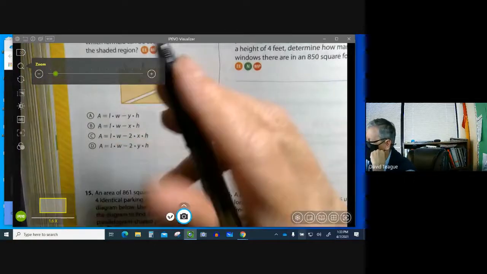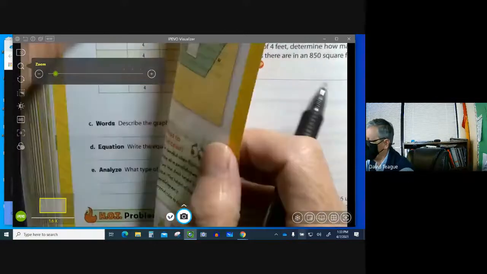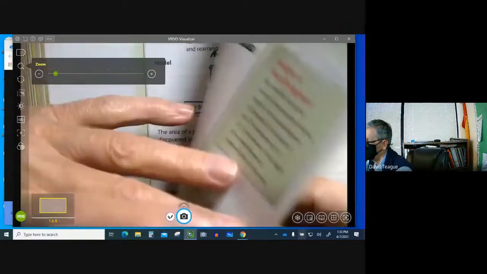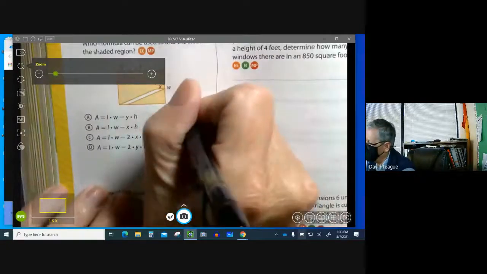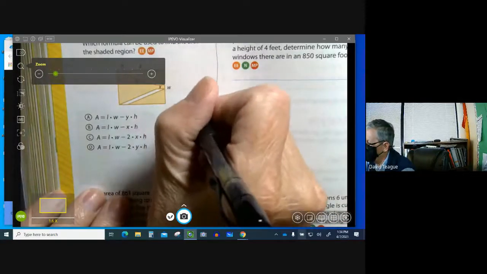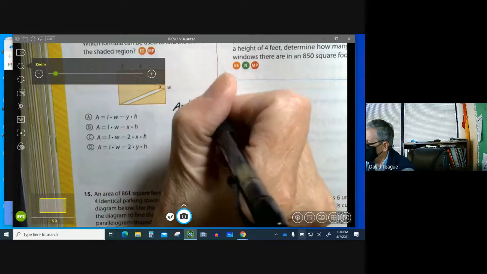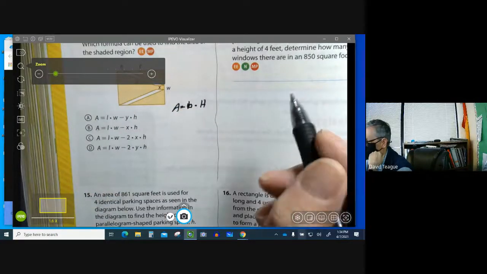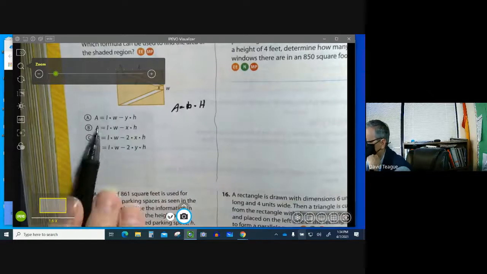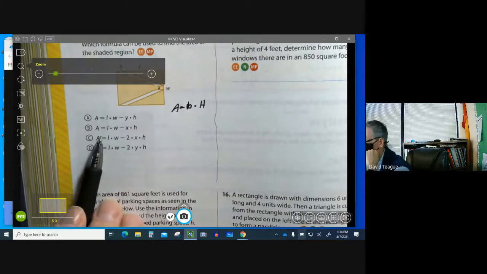So if you remember, the area of a parallelogram is equal to base times height. You have to look at this and figure out which one is the right one.